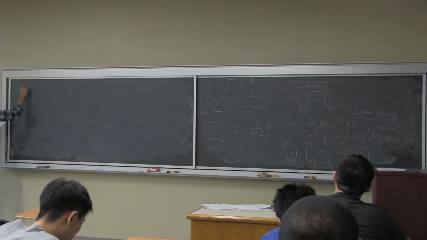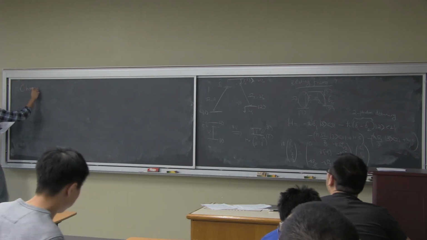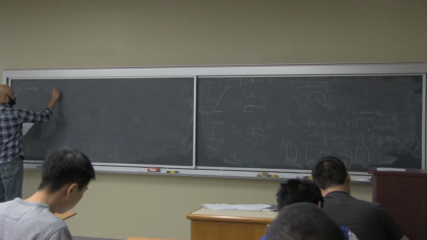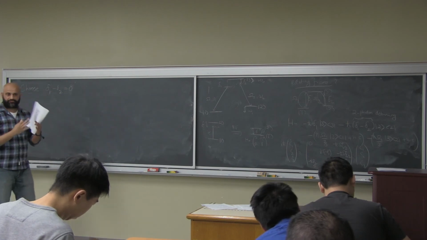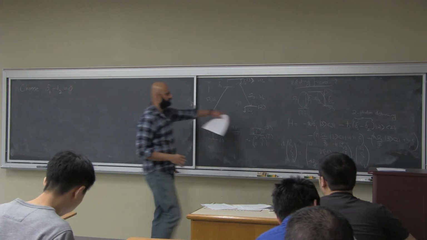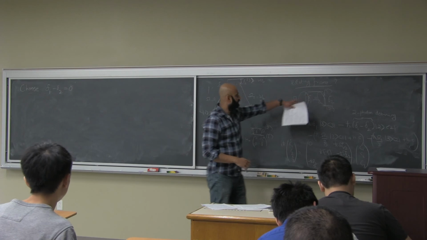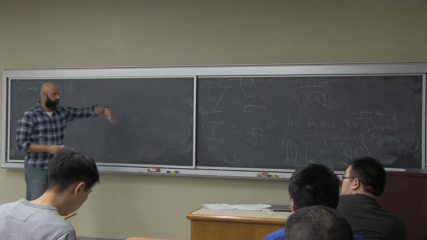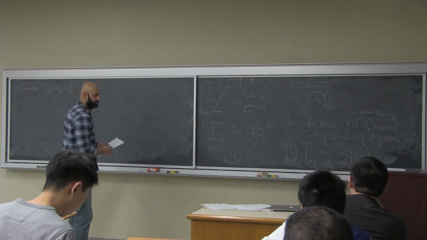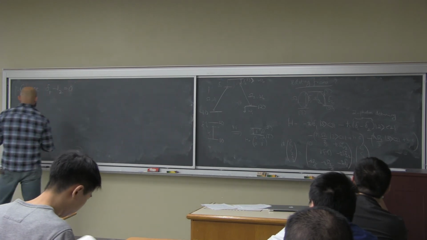So choose the 2-photon detuning, delta 1 minus delta 2, to be 0. So I take the two laser frequencies. I may still detune them from the state 3, but the two of them together are on resonance with respect to the 2-photon resonance, or the transition between 1 and 2.